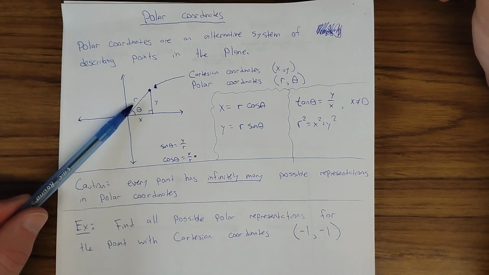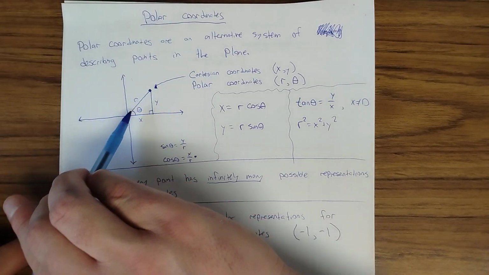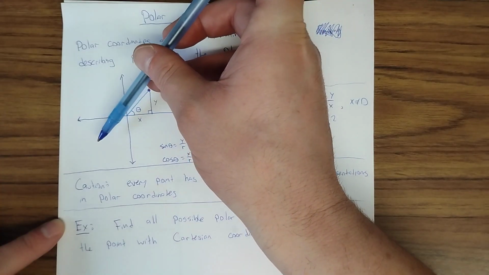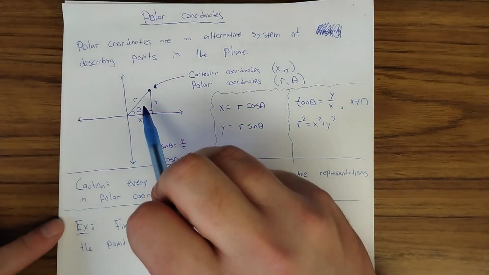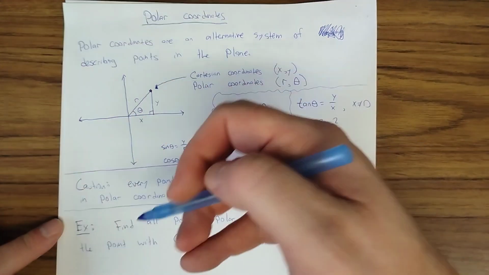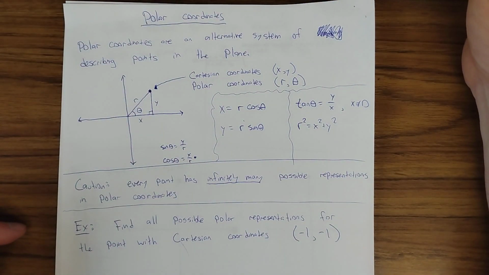If r is negative, then instead of going whatever direction theta is telling me to go, I go in the opposite direction. So this is what the picture looks like if r is positive. If r were negative, then I would go that distance in the exact opposite direction.